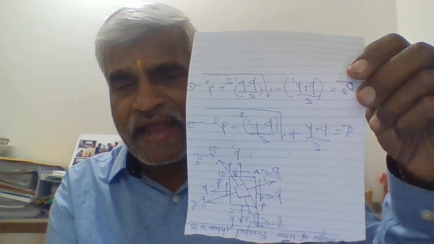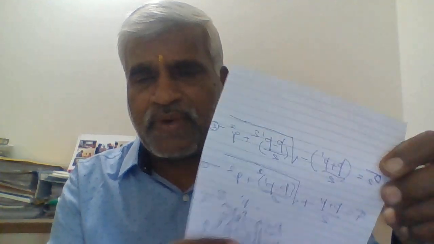So how to locate the principal plane? Principal planes can be located by tan 2 theta equal to minus 2q divided by (P plus P dash). From that you can get the values of theta 1 and theta 2. Theta 1 and theta 2 are perpendicular to one another.